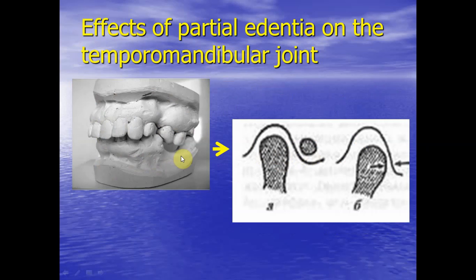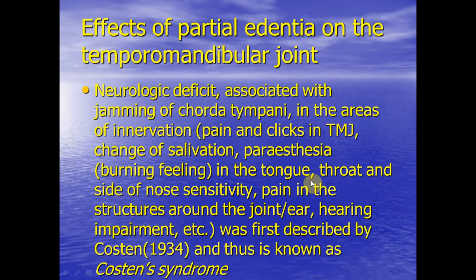And this picture shows you the normal position of the condyle in the joint and the displacement of the condyle, the head of the mandible, distally. So we can jam the nerve, and this causes neurologic deficit in the areas of innervation done by this nerve.